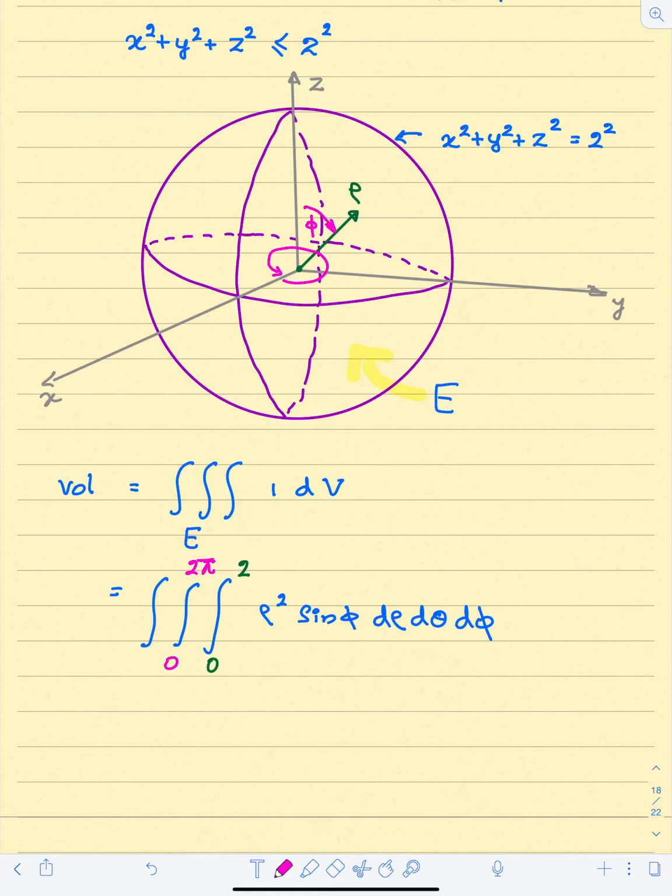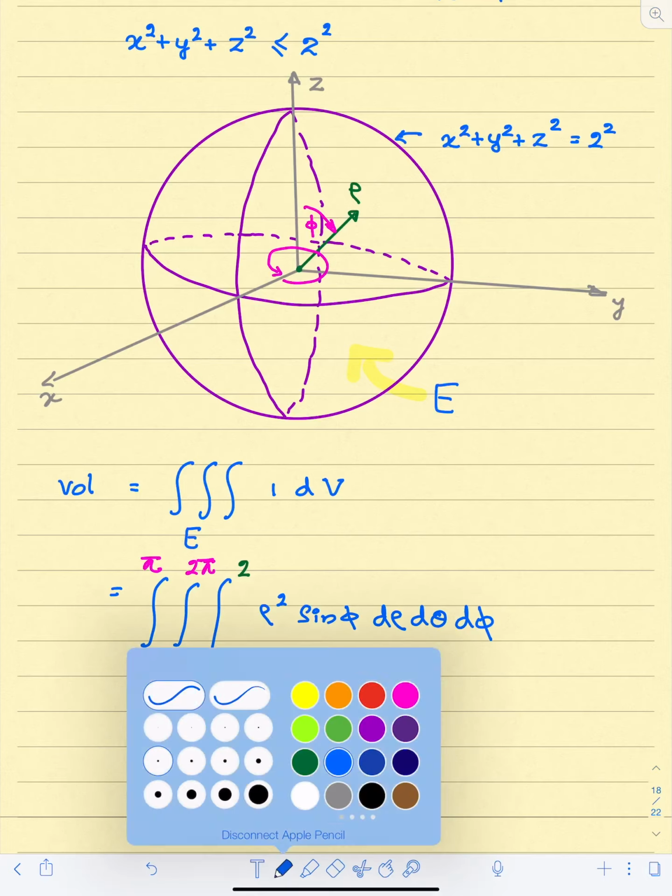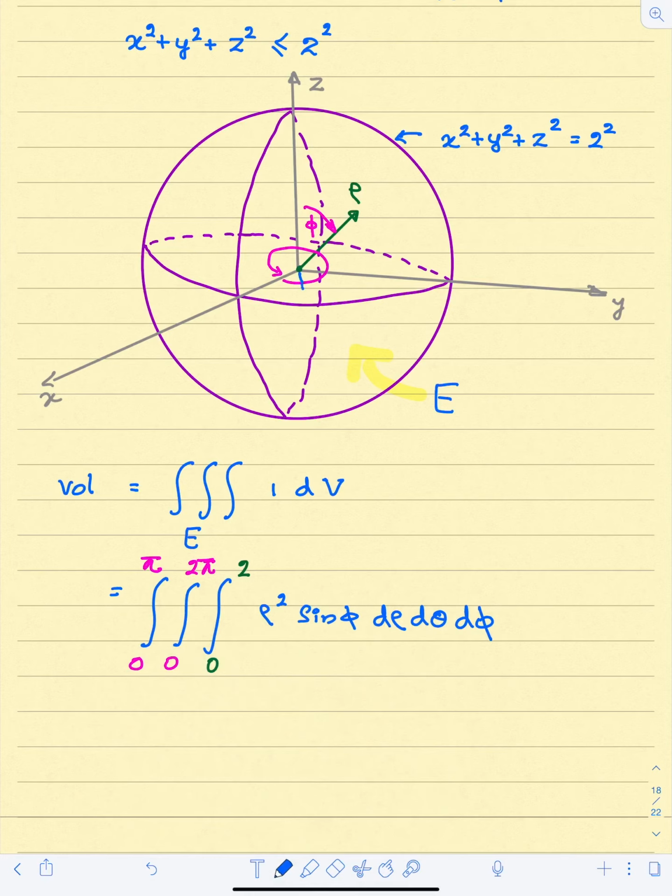The lower limit of angle phi is 0 and the upper limit of angle phi should be pi, and the reason is this. We want to cover the southern hemisphere of this sphere, so then this is your angle phi. So the maximum value of phi should be pi.